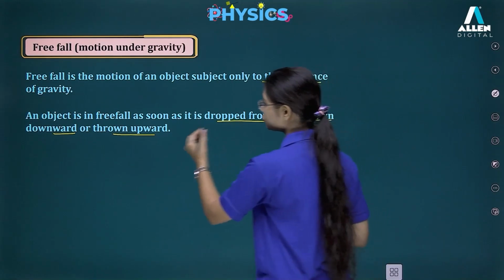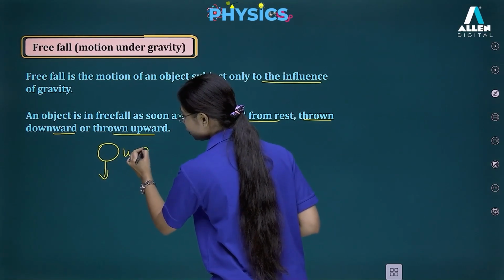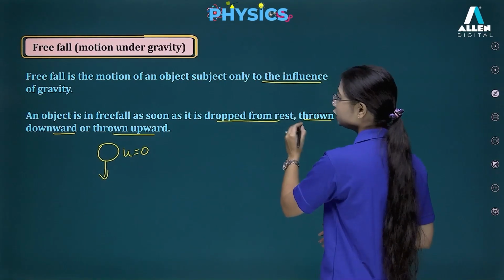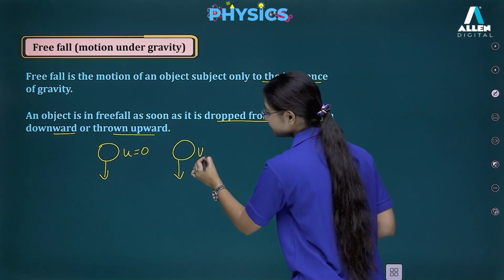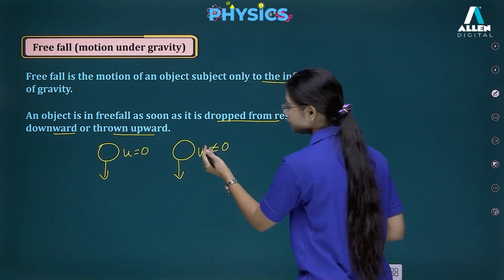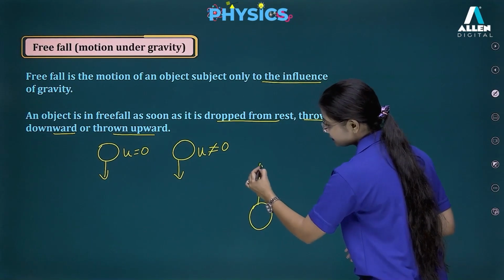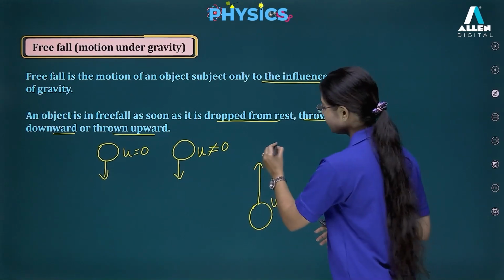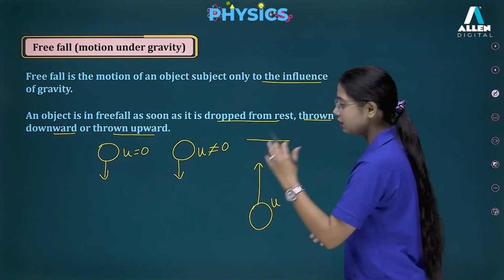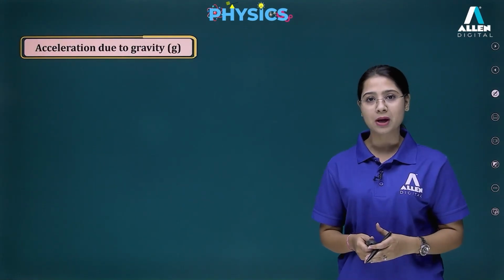If the object is dropped from rest, like this, its initial velocity is 0. If the object is thrown downward, its initial velocity is not 0, it has some value. And it may be thrown upward like this, so obviously it will have some initial velocity. After reaching the maximum height, it will return. So these are the three cases. Let's discuss one by one.